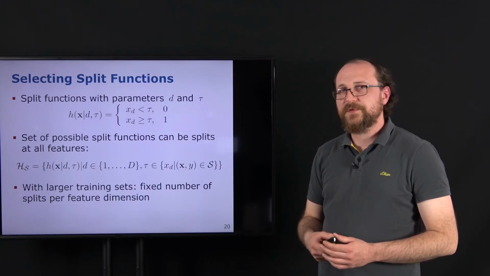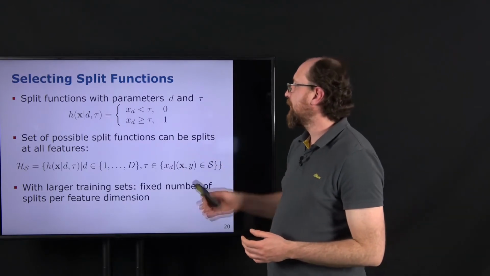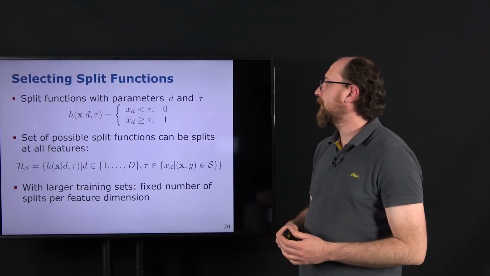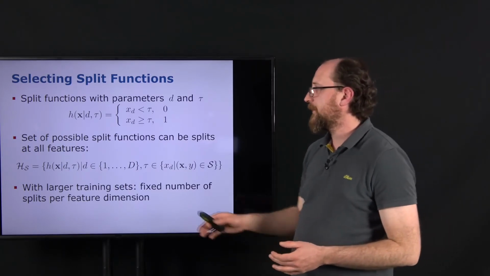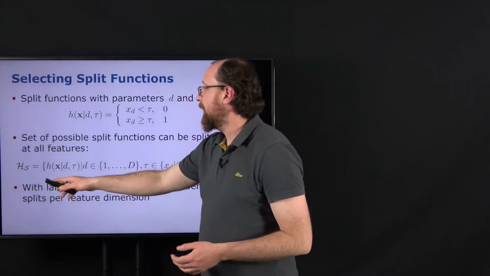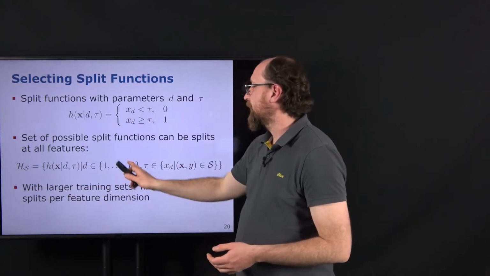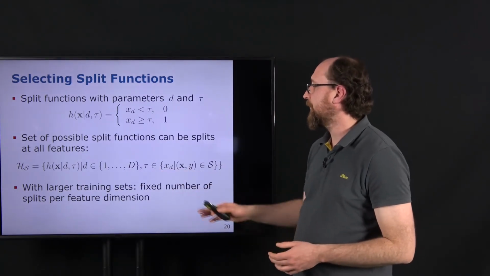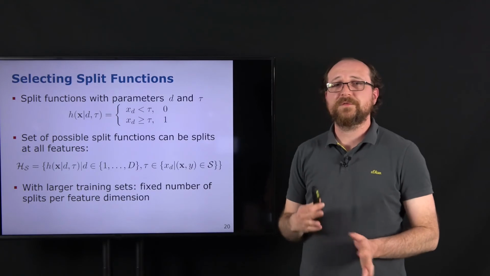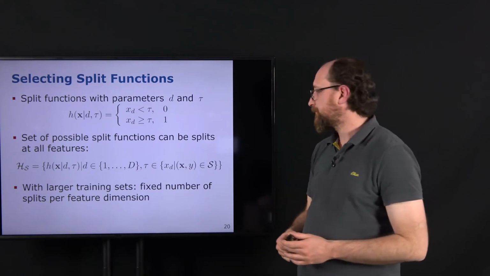When we then use this, for instance, with the simple split functions, we can determine all possible splits per feature. This is then this set H_S, which just encodes all split functions for all the features and all the possible tau values, where we just use the feature values as threshold.